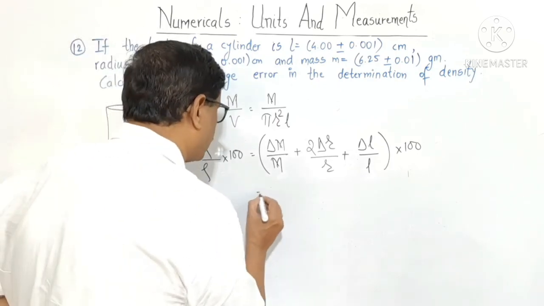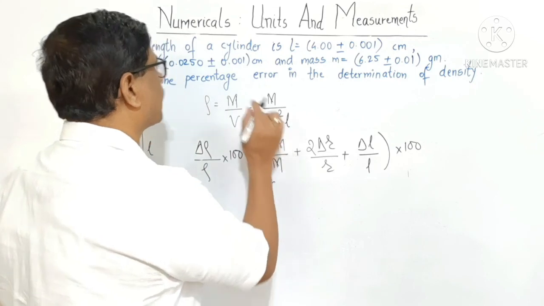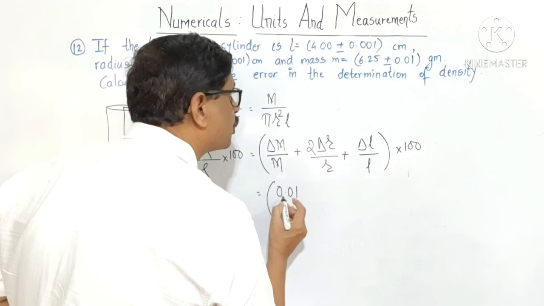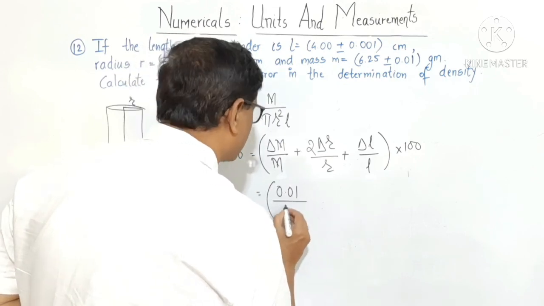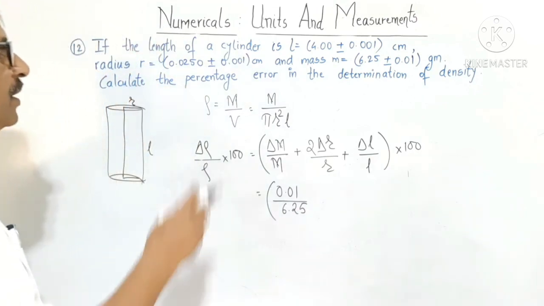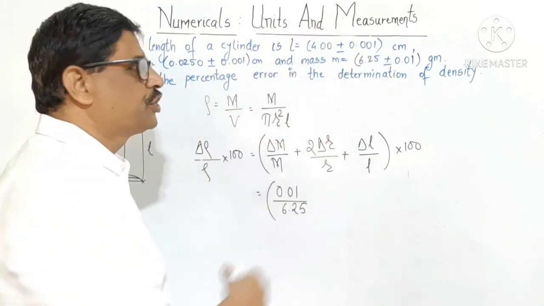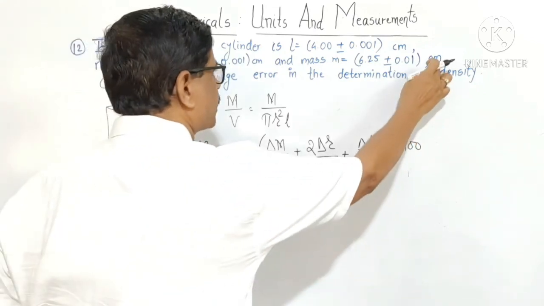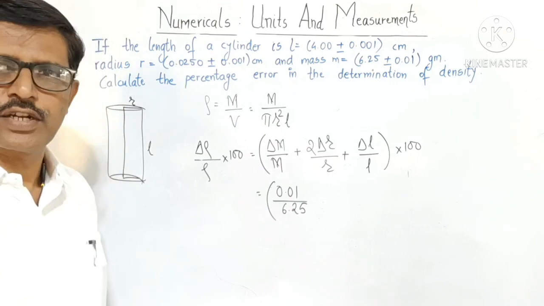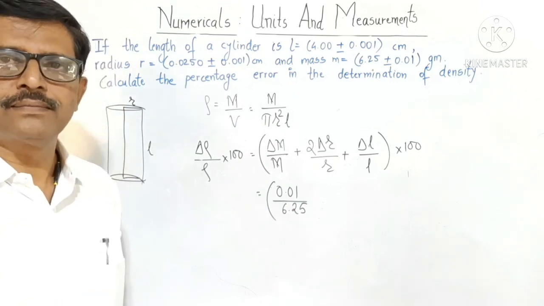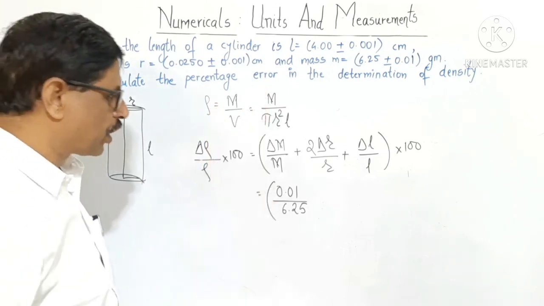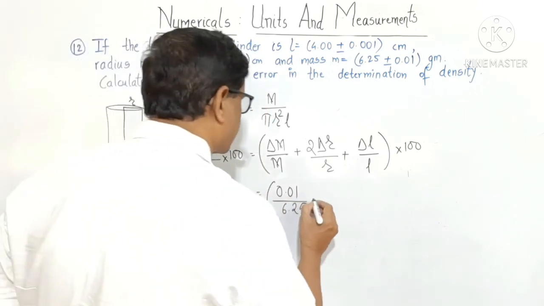Therefore, it should be equal to the possible error in the mass measurement, which is 0.01, and the probable value of mass is 6.25 gram. Here you will see that everything is in the CGS system. Mass is in gram, length is in centimeter, radius is also in centimeter. Therefore, there is no need to convert any quantity into another system of units.